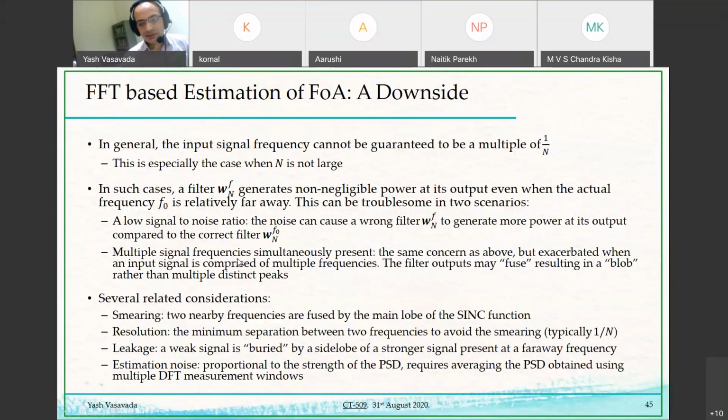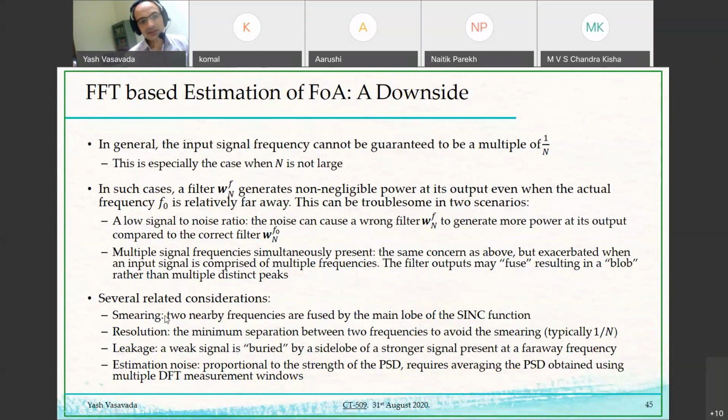And this problem is even more amplified when we consider this multiple source problem, because now the outputs of different filters may fuse. They may just merge into each other. So this is what we will now very quickly look at, and then we will end after this.